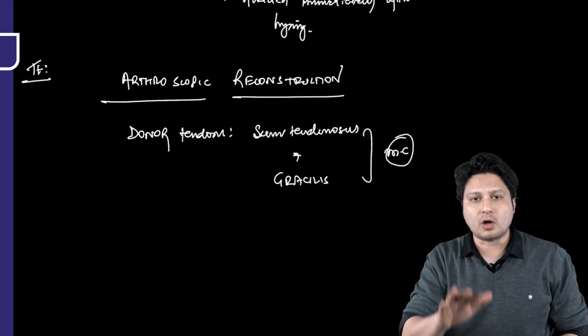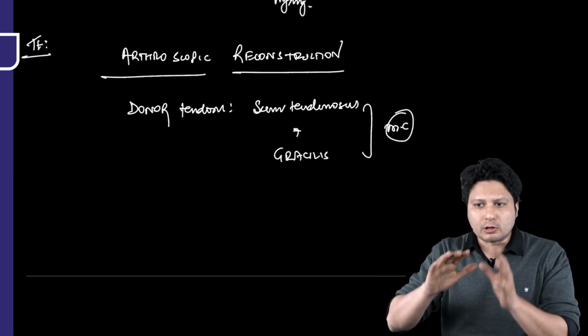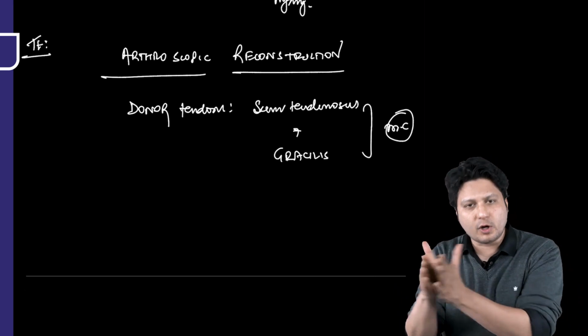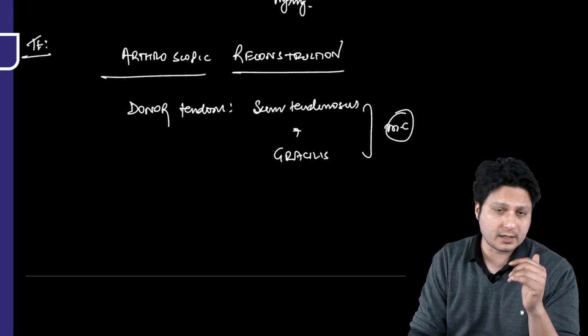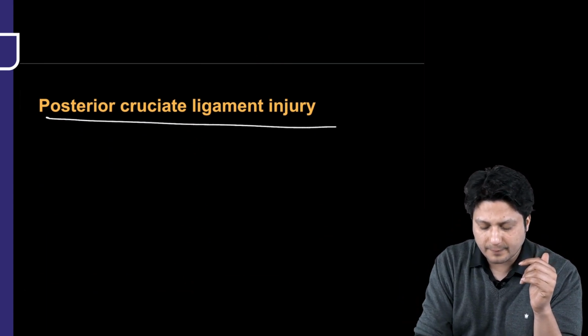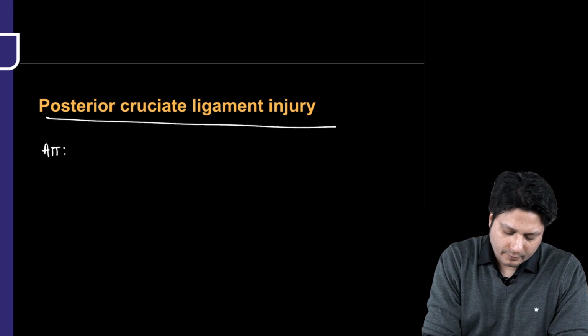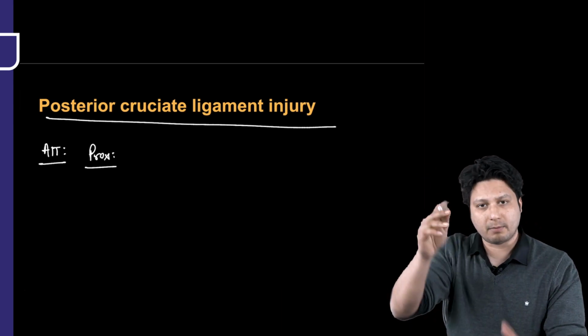All right. So this is all you need to remember about the anterior cruciate ligament. Now, exactly opposite, although only to some extent, is the discussion of posterior cruciate ligament injuries. What happens in posterior cruciate ligament injury? What are the attachments of the posterior cruciate ligament? If we talk about the proximal attachment, no doubt it will be in the femur, but where?